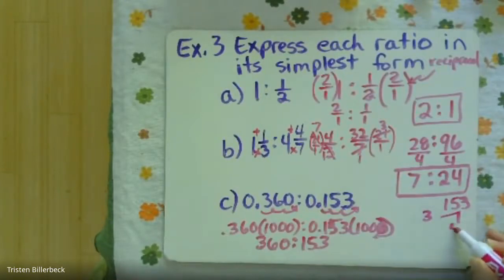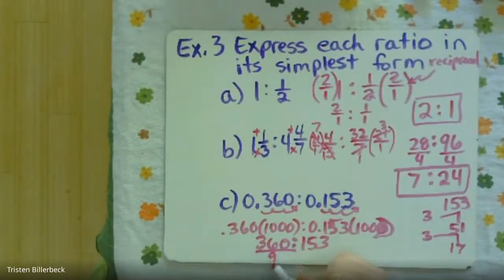When we do that, we get 51. 5 plus 1 is 6, that's also a multiple of 3, so we can take another 3 out, and that gives us 17. So when we look at, well, 3 times 3 is 9. 9 divides 36. 9 times 4 is 36.